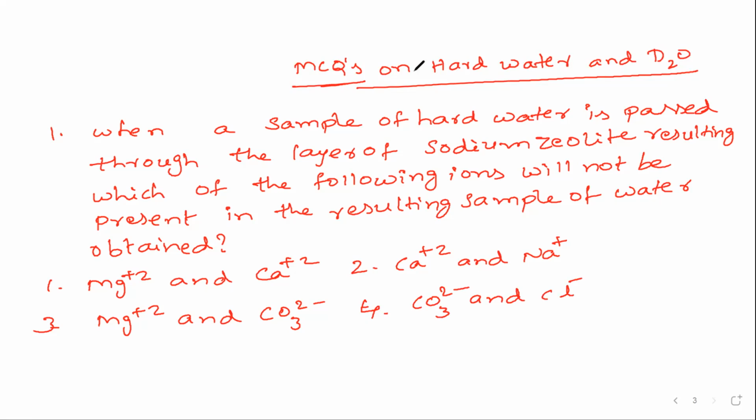So this is nothing but simple. The answer is what we have just discussed. It is the Permutit process, that is, sodium aluminium orthosilicate is called permutit.